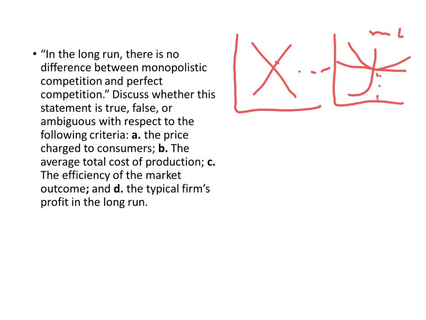We know that perfect competition for the firm, remember, this is the market, this is the firm. The firm, in the long run, is allocatively efficient because price is equal to marginal cost. So it's producing the allocatively efficient quantity. It's also producing the quantity where ATC is at a minimum.